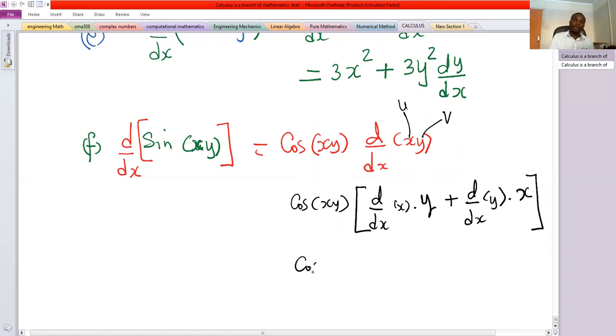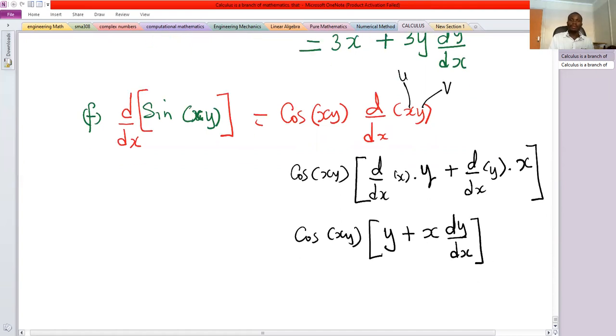So you end up with cos of xy, d/dx of x is 1, so we'll have y, plus d/dx of y is 1 times dy/dx, and then we multiply by x, we get x dy/dx.